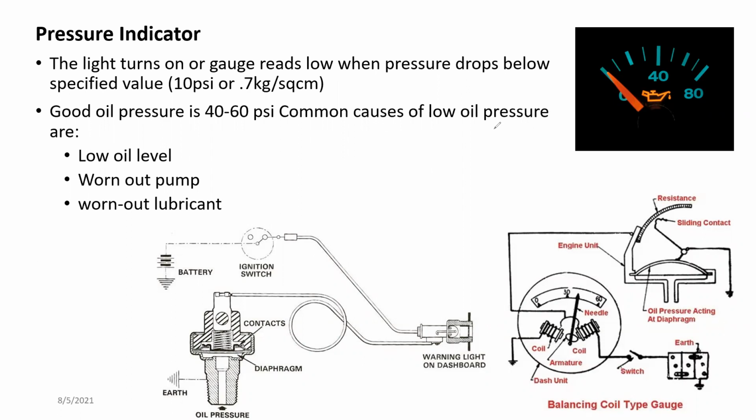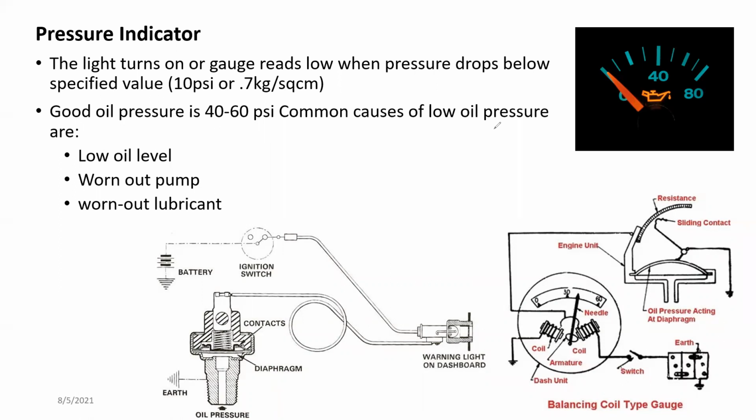The next cause is worn out lubricant. If the engine is using very old lubricant oil, the oil may not have enough viscosity to obtain the necessary pressure. In such a case also, the pressure indicator will turn on, right?